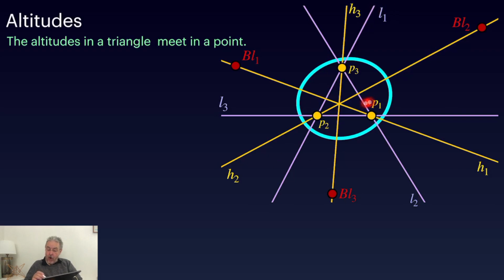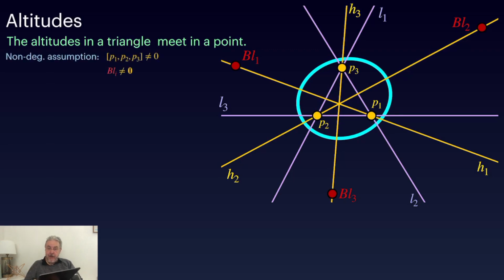L1 is the line opposite to P1, L3 is the line opposite to P3, and so on. And here I have the corresponding poles of the lines, which are BL1 up to BL3. And then I claim that these altitudes here, H1, H2, and H3, meet in a point.